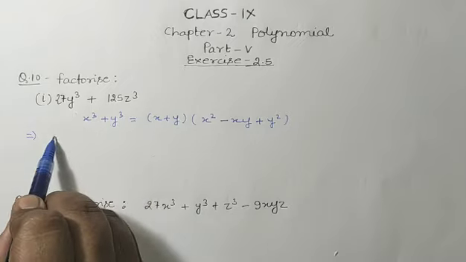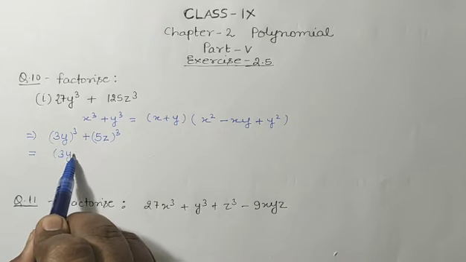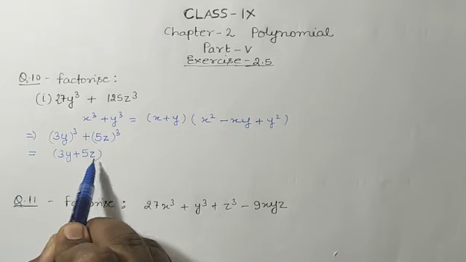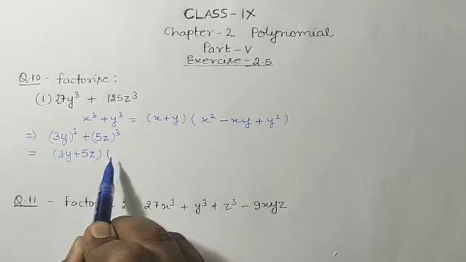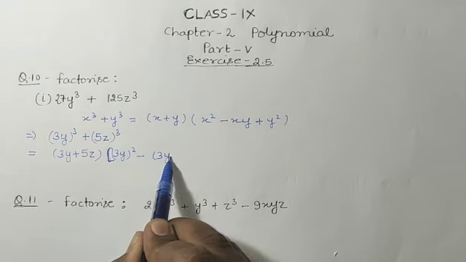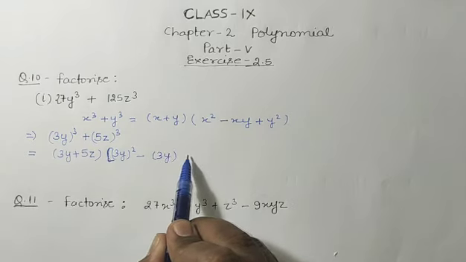So next step you can write like this: x plus y means in the first bracket 3y plus 5z will be there, and in the second bracket the square of 3y minus xy. So at the place of x 3y is there, and at the place of y 5z is there, and this will be y square, that is (5z) whole square.